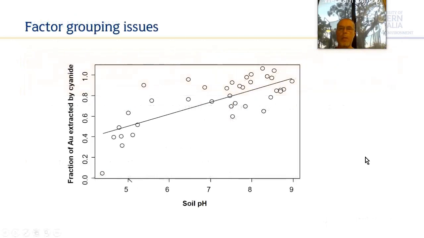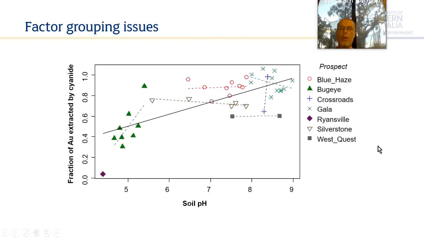Okay, here's kind of an example that shows that, and I think I may have shown this before. Some work I did a long time ago looking at gold extraction versus pH. There seemed to be quite a consistent relationship across a wide pH range, but then if I looked at the data by, in this case, mine exploration prospect, there was a different relationship for each prospect. So that bothered me quite a bit.